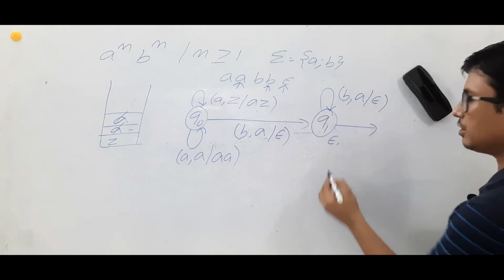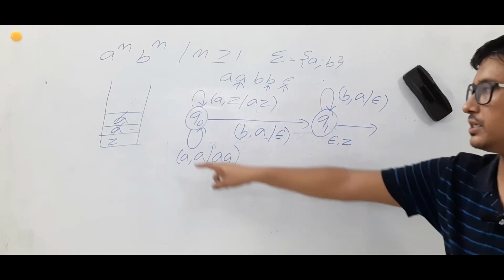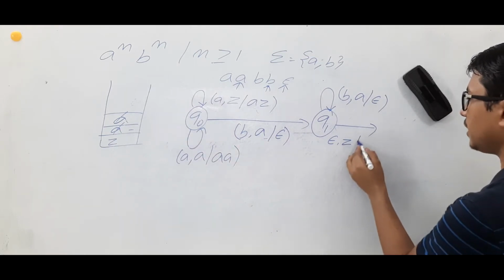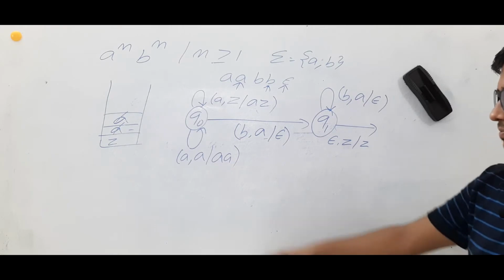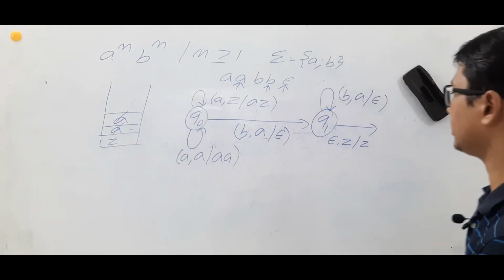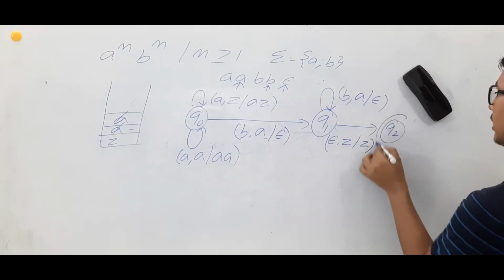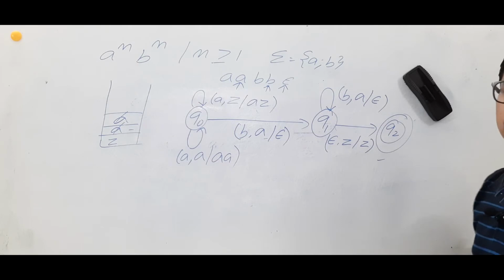If I look at the input symbol epsilon and the bottom of the stack Z, then what should I do? I have to keep it as Z only, because the same thing, the empty bottom of the stack, I will keep. Then I will reach the state Q2 and I will make it a final state.